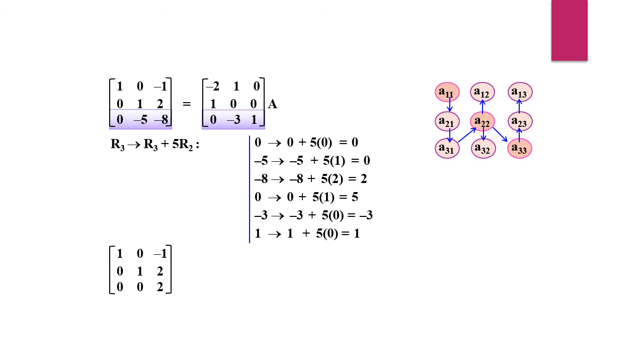So the elements of R3 will be of the form 0 0 2, and on the RHS we get 5 minus 3 and 1 into A. So you can observe the elements of R3 are changed. The elements of R1 and R2 are remaining as it is.